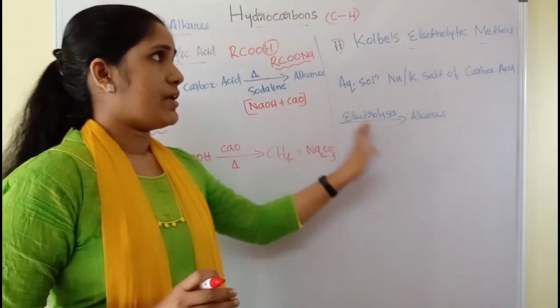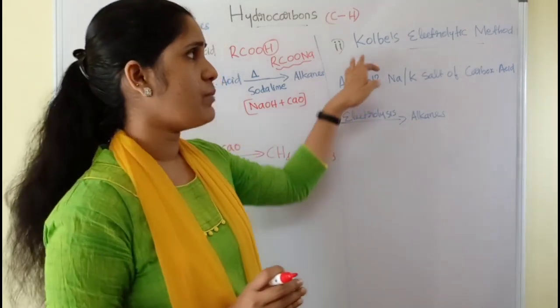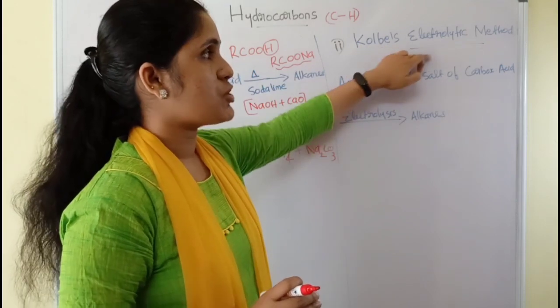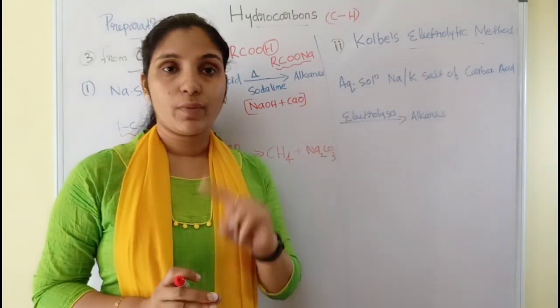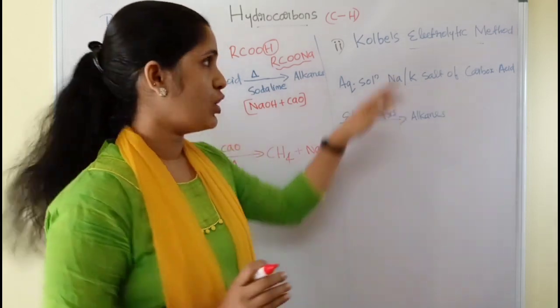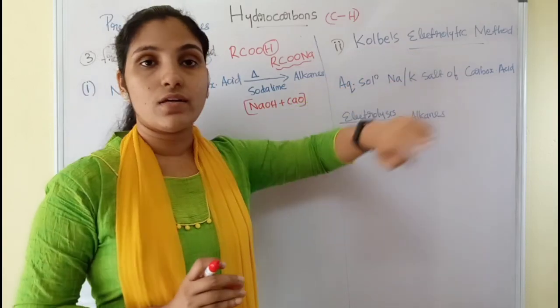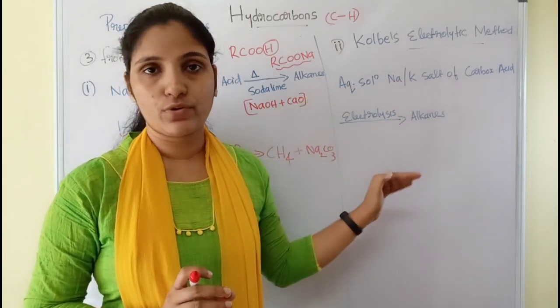We can prepare alkanes from carboxylic acid in one more way, that is a name reaction, Kolbe's electrolytic method. As the name indicates, it is an electrolysis process.